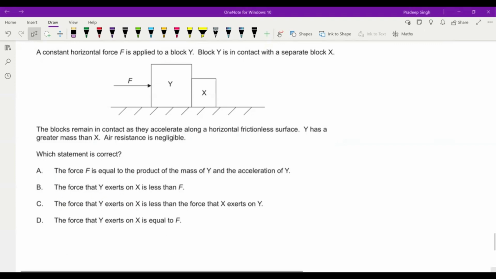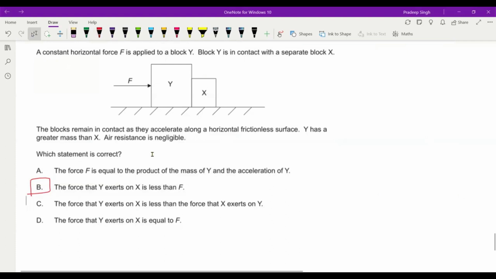Force that y exerts on x is less than f. Can you explain how? Well, I went by logic. It's correct though, but do you have a reason? Can you elaborate? Because they have differing masses, the force exerted, if it has to move both of the blocks, their acceleration will be the same, right? Yes, good. So that's why the forces would differ.